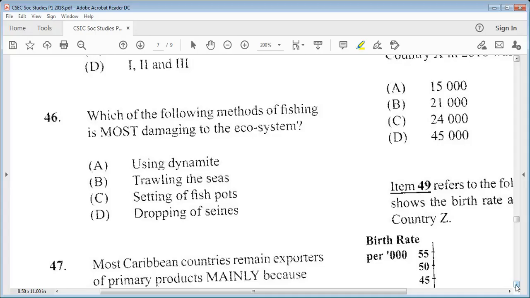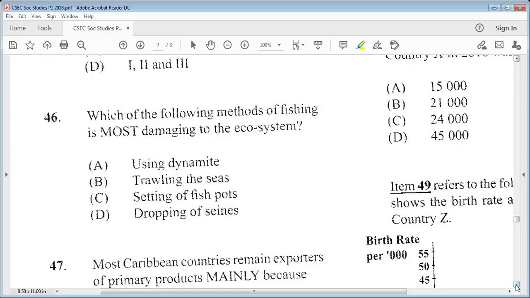Look at B, trawling the seas. What's really trawling the seas? Well, trawling the seas is where they use a large net. It is a large net that is used to pull fish, and this large net can go to the deepest level in order to catch fish.